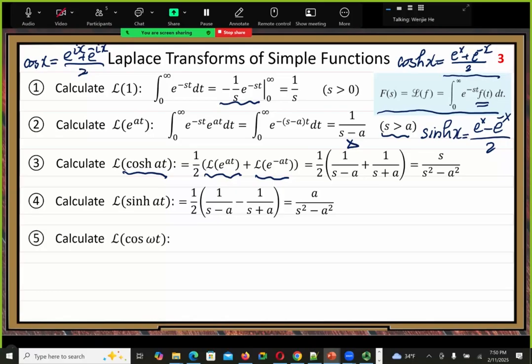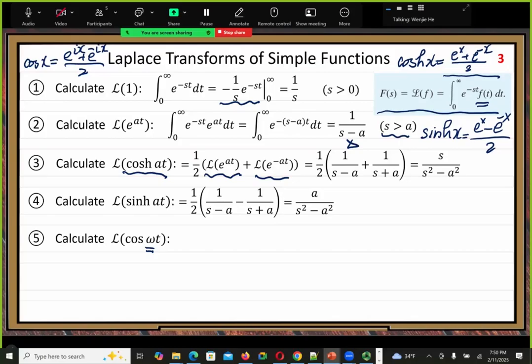Then the cosine function, with the constant we use omega here. This one is a little hard to find, harder than the hyperbolic functions.